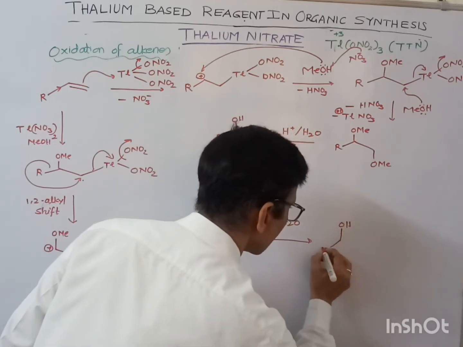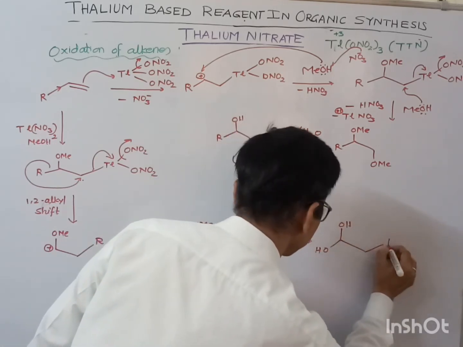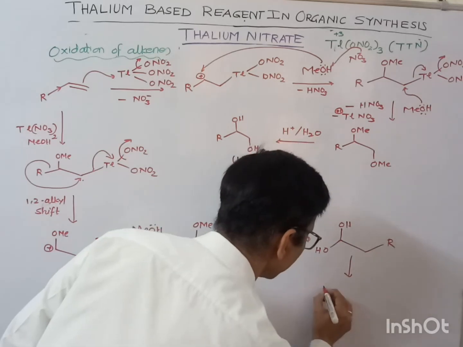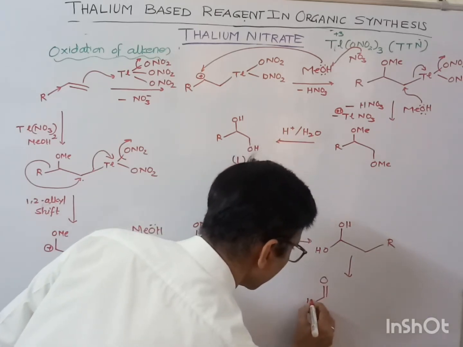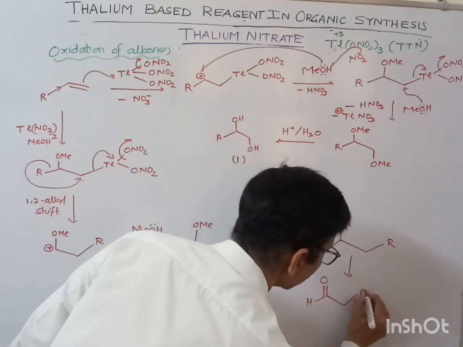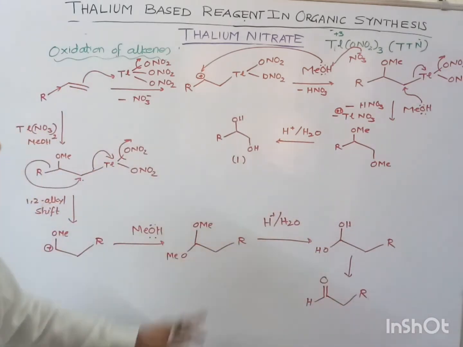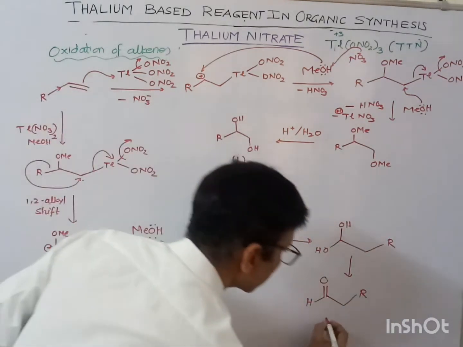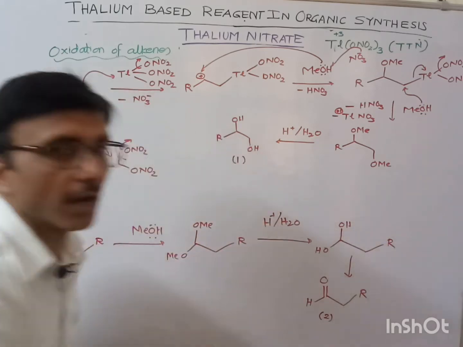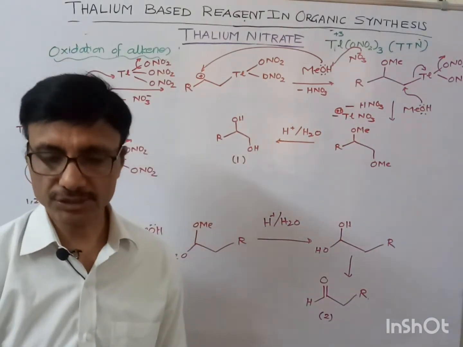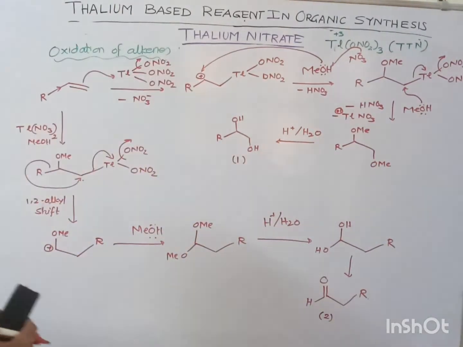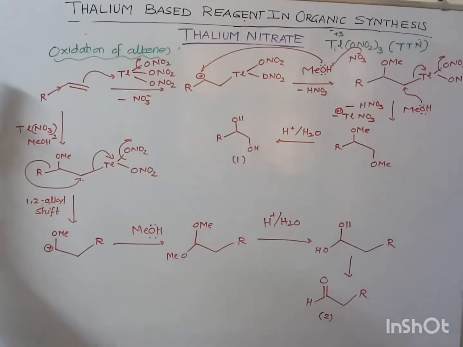OH, and finally we will get an aldehyde also. This may be the other product here. So this is one of the products that we may get, and this is the next product after the 1,2 alkyl shift.